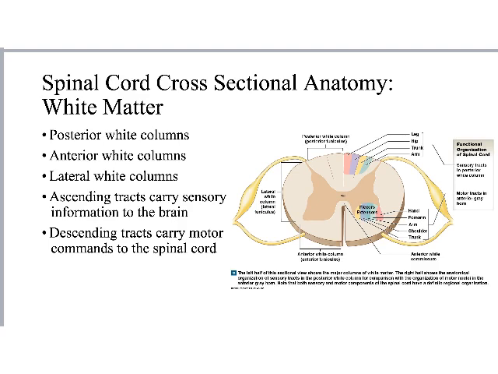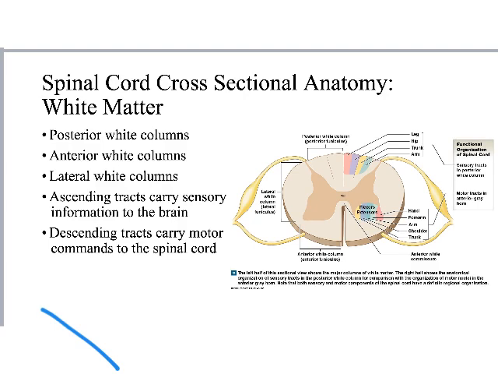So let's talk about some of the organization in the white matter. That's the area on the outside of the cord. Just like we had 3 horns in the gray matter, we're going to have 3 columns in the white matter, and they're pretty much the same. They're posterior, anterior, and lateral, just like we learned in the gray matter.